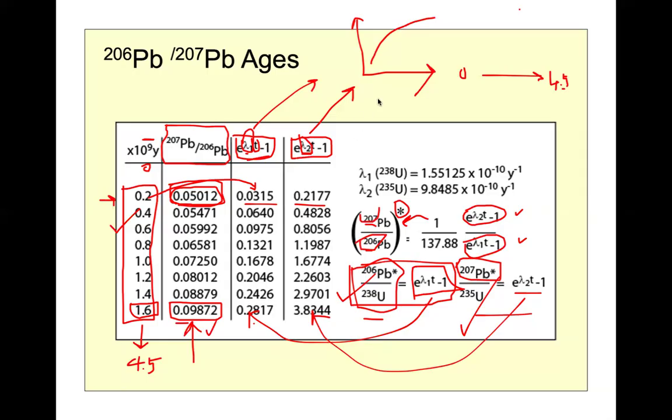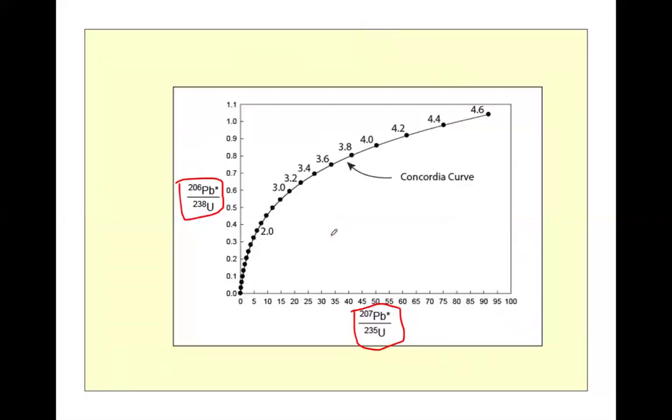So those two decay schemes and the corresponding values of the ratios, that means the radiogenic amounts of 206 and 207, which are given by e^(λ1 t) minus 1 and e^(λ2 t) minus 1, right? These values. So it will provide you a kind of a universal type of graph, right?